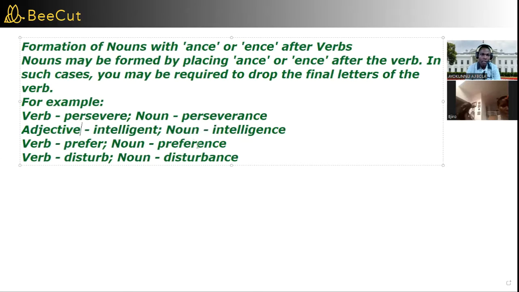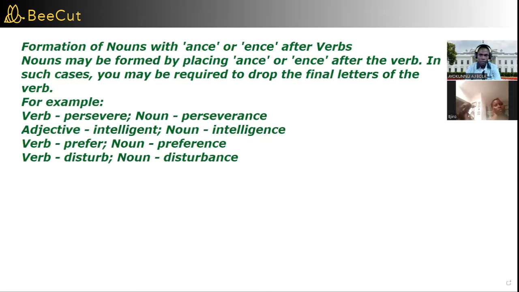When you add ENCE, it becomes preference. Then disturb is a verb, and you add ANCE, it becomes disturbance. So those are forming nouns by adding ANCE and ENCE.